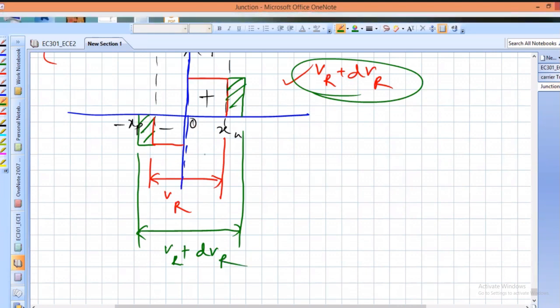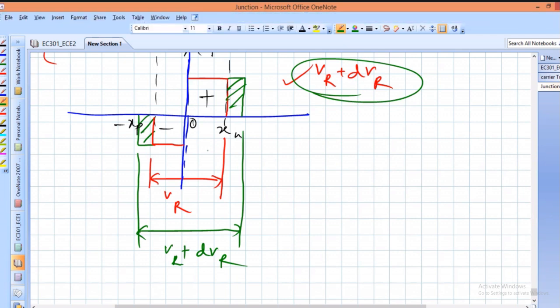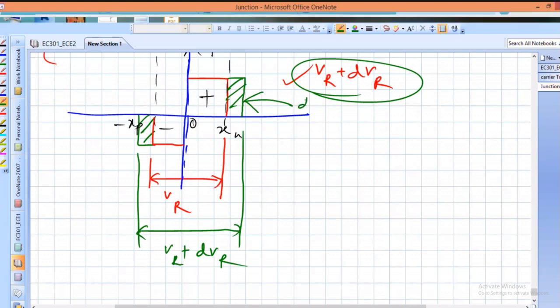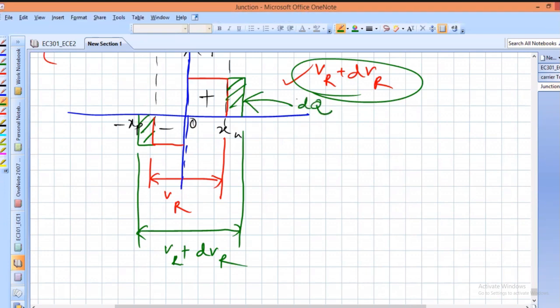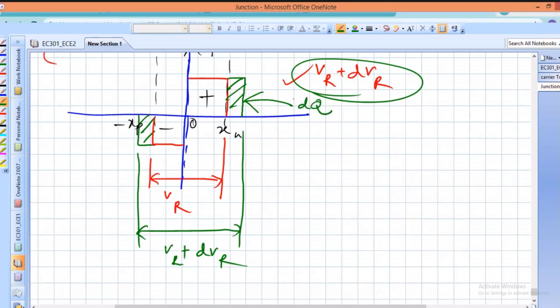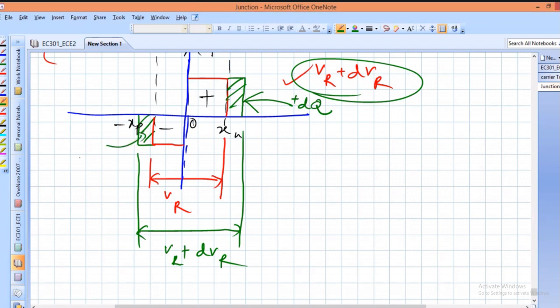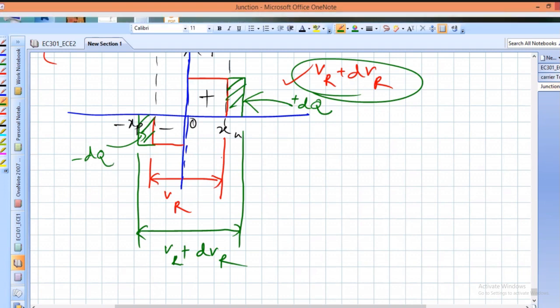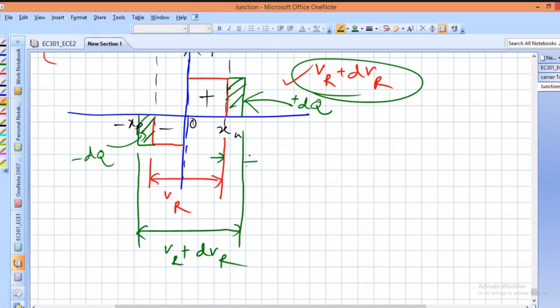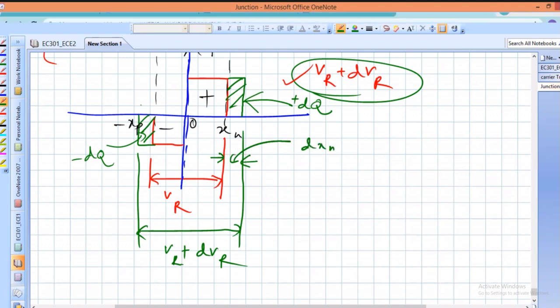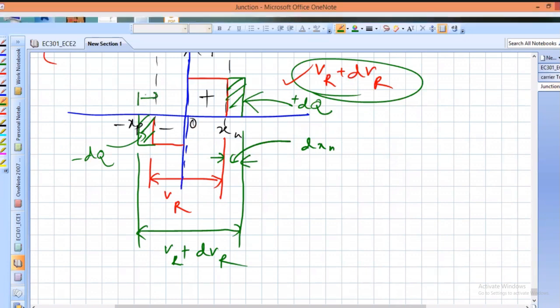So this differential change which is observed here, I can say, is dq plus dq, because this is the positive charge and this is minus dq. This is the negative charge. And this change is, suppose, dxn, which is observed due to variation in the reverse bias voltage, and this one is dx.